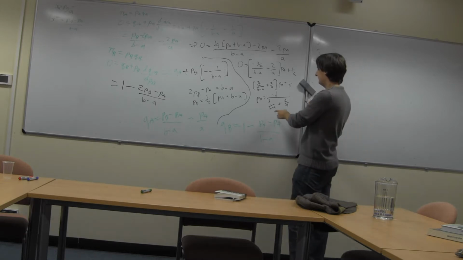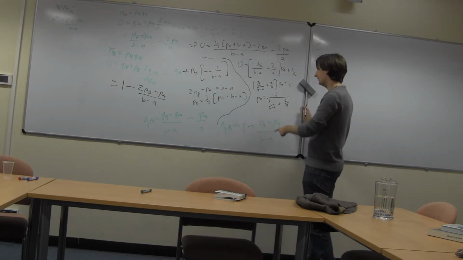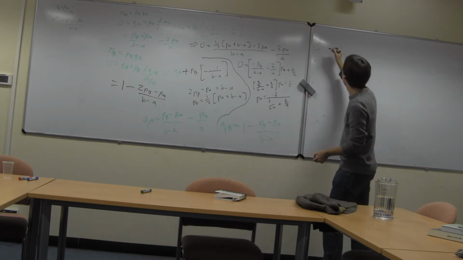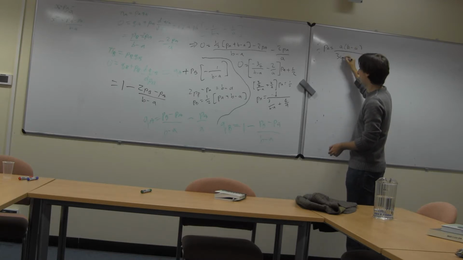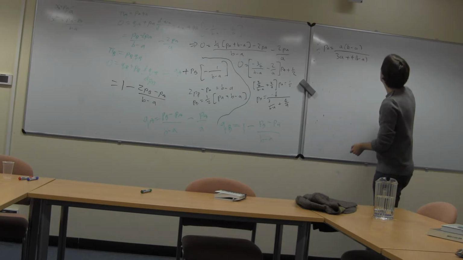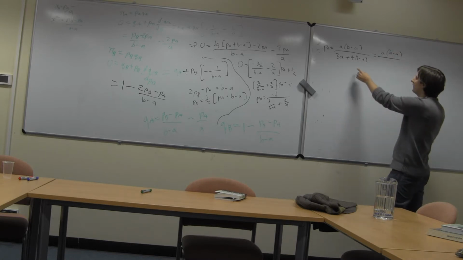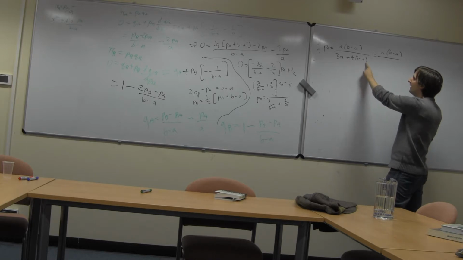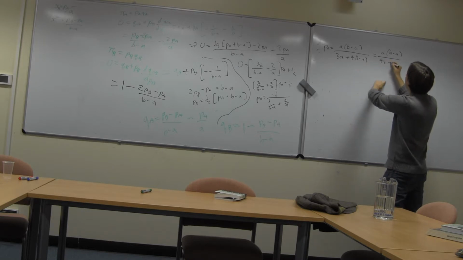Okay, and then I guess you can further simplify by multiplying top and bottom by a times b minus a, if you wanted to, which would give PA is a b minus a over 3a plus 4 b minus a. What's this? So we've got 3a minus 4a, so that's minus a, so 4b minus a.